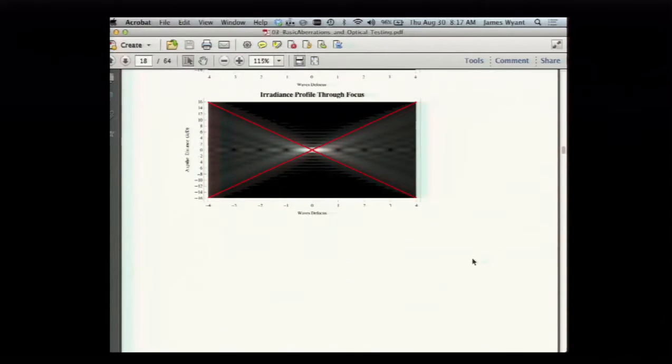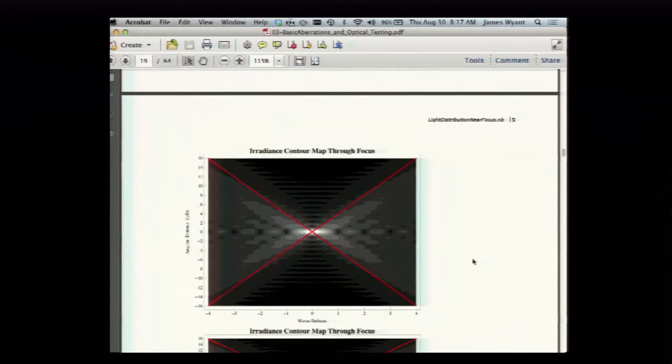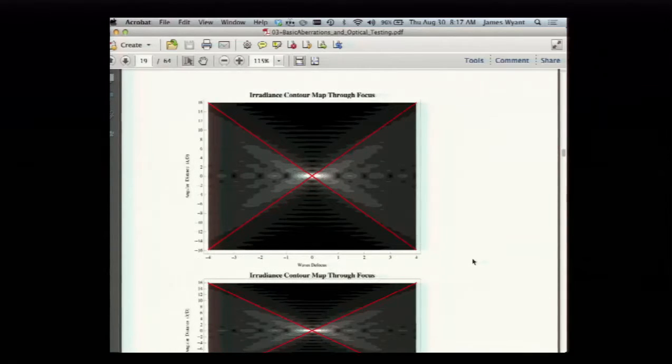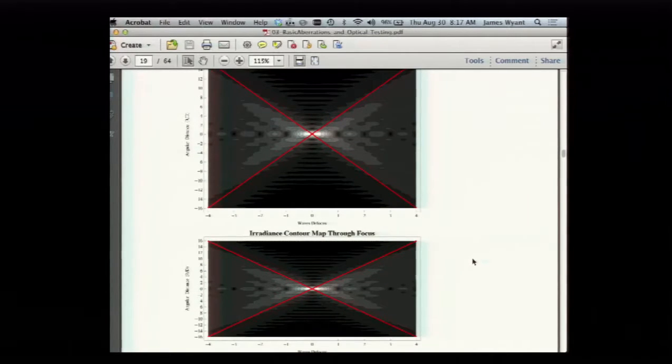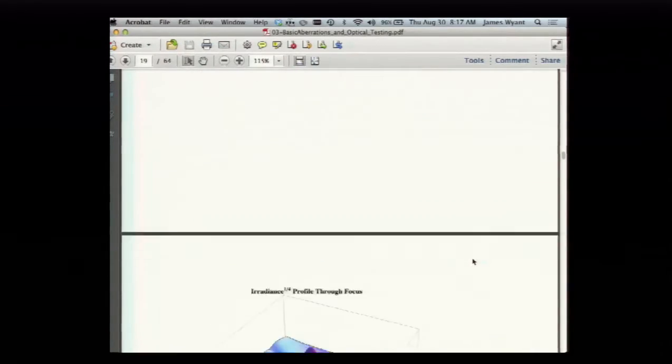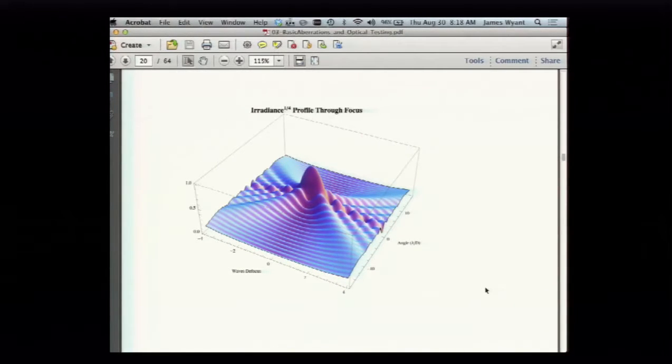Well, let's see. We have this data in the computer, calculated with these crazy Hankel transforms. I could draw out the contour maps, but there's nothing much there that's not in the previous ones. Or I can draw the 3D maps here. This is showing what the radiance looks like as we go along focus.